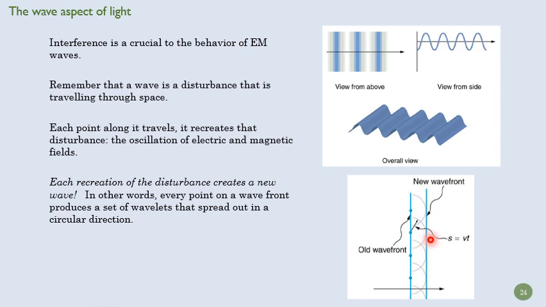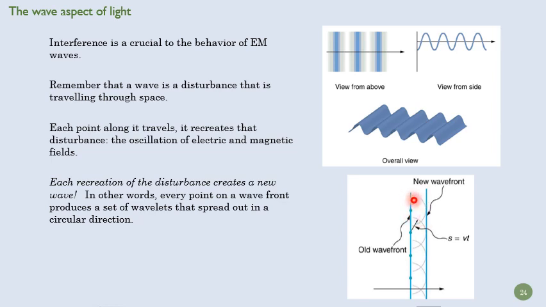At the wave front, though, because of the geometry of this, we actually get those wavelets constructively interfering with each other. So we have these little wavelets forming, but most of it gets washed out except at the wave front. And so to us, it looks like that wave is just one wave moving forward.